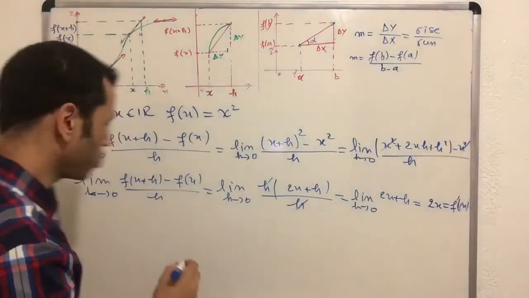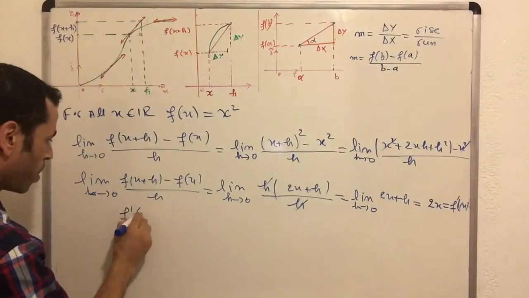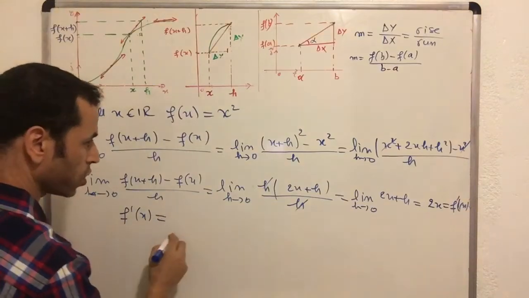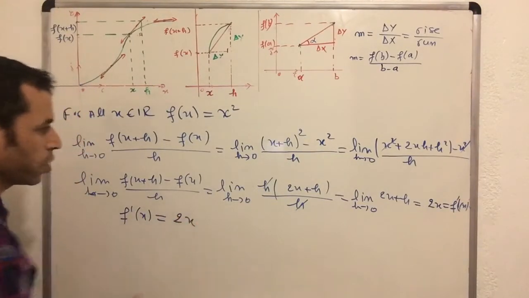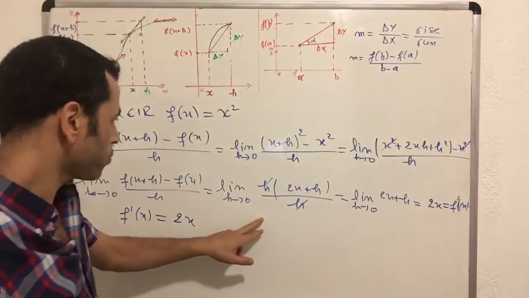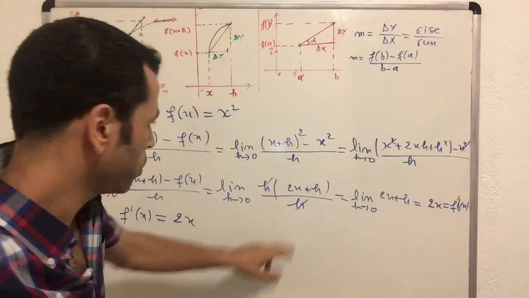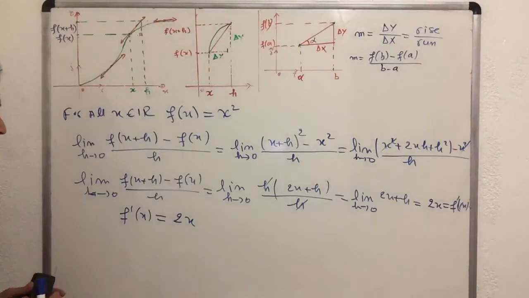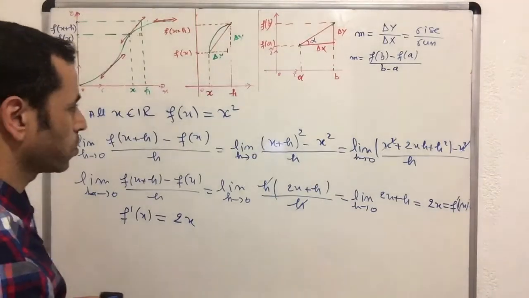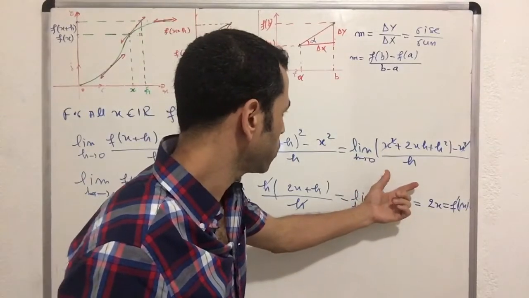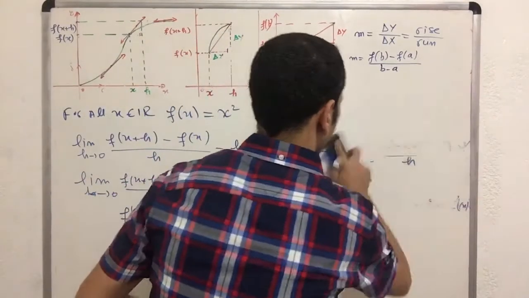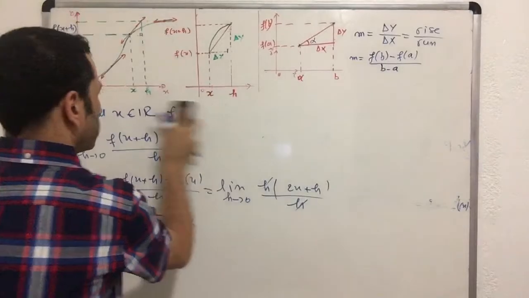So f prime of x equals 2x. Now it's very clear. So let's go to the next example to see what's the difference.